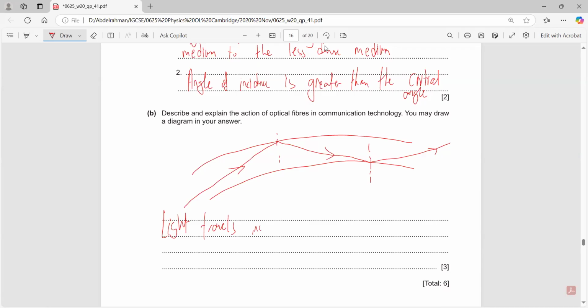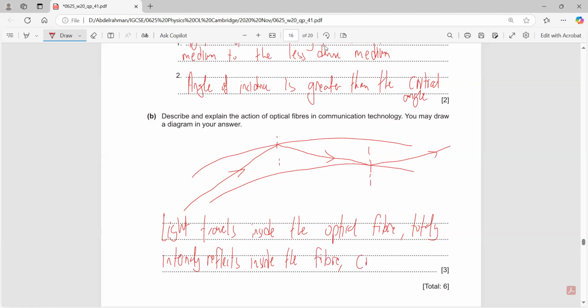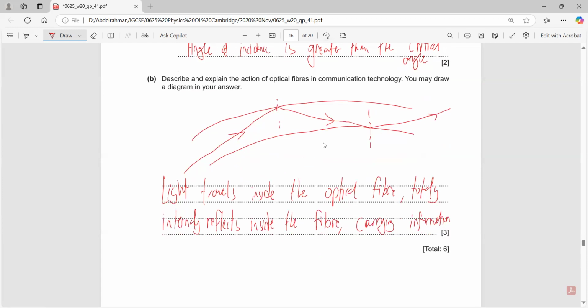Light travels inside the optical fiber, totally internally reflects inside the fiber, carrying information to the other side.